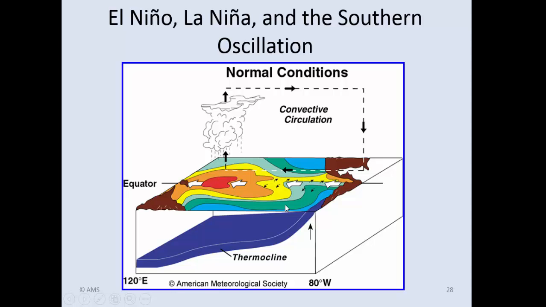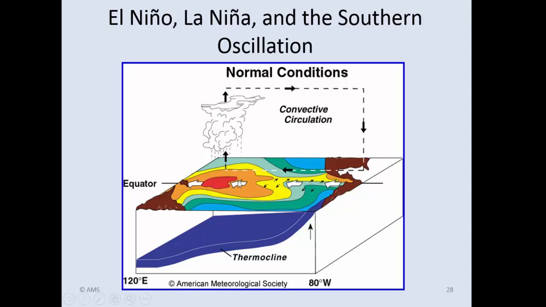Okay, we'll talk about that in a second. What does that cause over here? Well, if you're blowing warm water off the surface over here, you're going to get upwelling cold water. So typically, we have very cold water off the coast of South America and Central America under normal conditions. Cold water produces dry conditions. Cold water doesn't allow much evaporation, so there's very little humidity in the atmosphere, dry conditions.